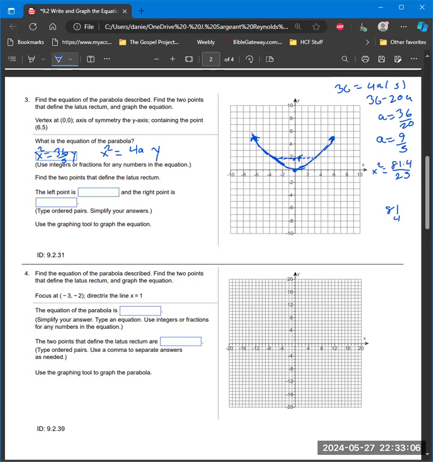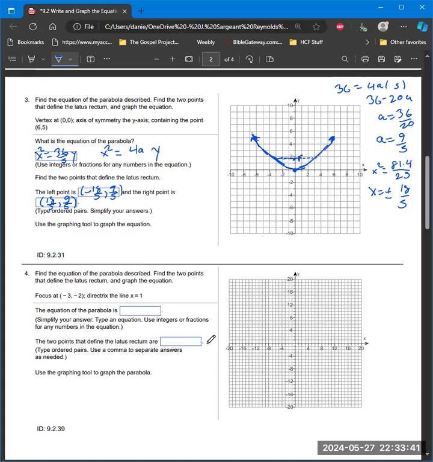So x equals plus or minus 18 over 5. This is (-18/5, 9/5), and this is (18/5, 9/5). Those are the 2 points that are going to be on my latus rectum, and I can use the graphing tool there to graph the parabola.